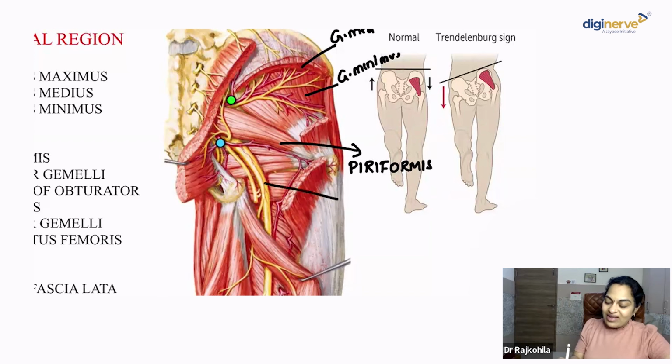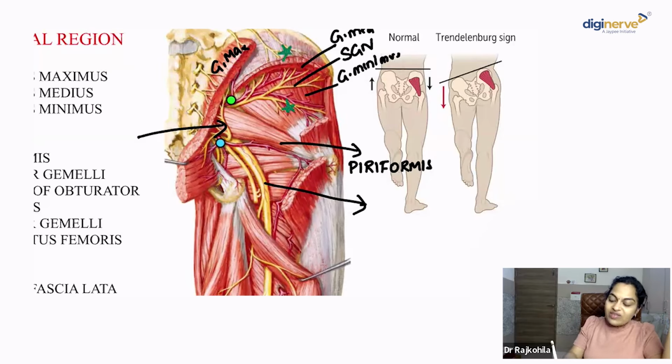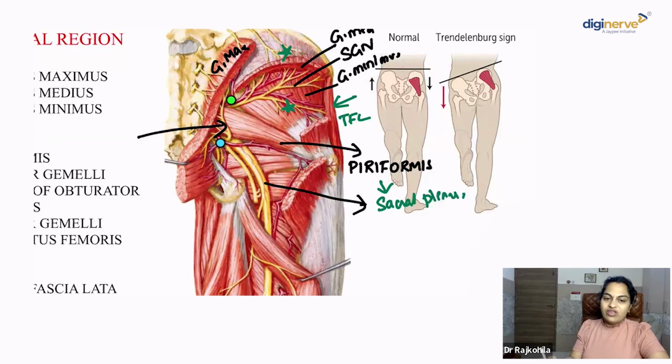You can see the sciatic nerve emerging below the piriformis. This is the inferior gluteal nerve that goes to supply the gluteus maximus. This is the superior gluteal nerve that's going to innervate the gluteus medius, the gluteus minimus, and the tensor fascia lata. Okay, the piriformis is going to be innervated by fibers coming from the sacral plexus itself, S1, S2.